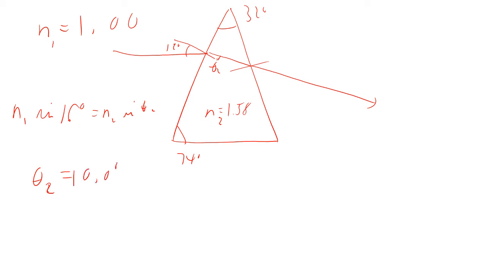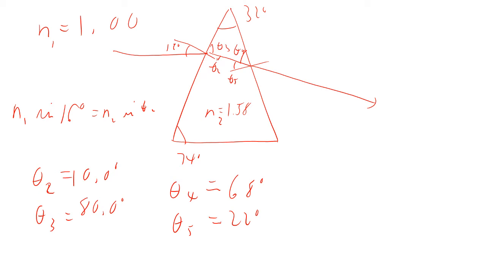Now it's 10.0 degrees. So theta 3 is going to be exactly 80 degrees. So theta 4 over here is now going to be 68 degrees. Theta 5 is now 22 degrees. Okay, so now theta 6.